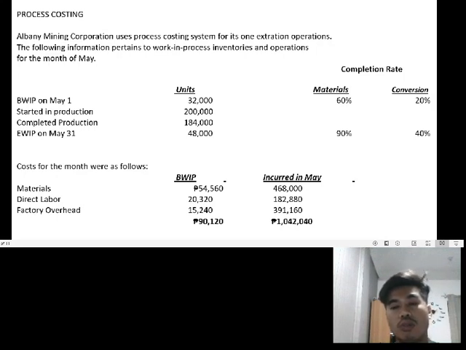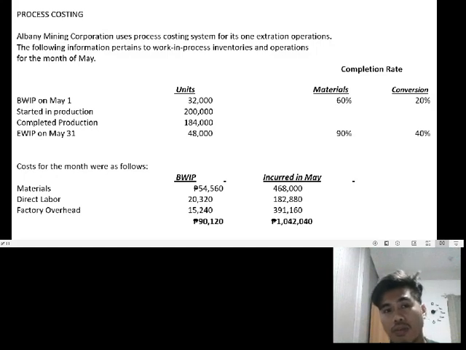So yung total units put into process, ito po yung composition niya: beginning work in process plus units started in production. Kumbaga, ito yung mga units na bago lang inintroduce or binigay sa production department. Pang bago, hindi pa siya ginamit for production.